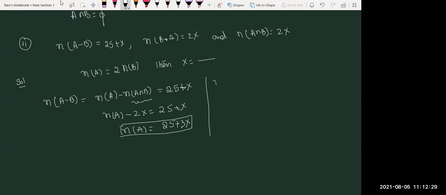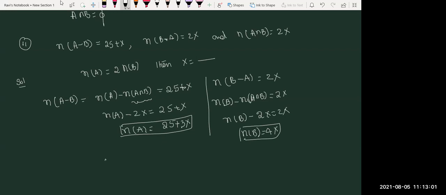Now, n of B minus A, tell me what to write. n of B equals how much will we get? 4x, sir. Finally, it is also given n of A equals 2 times n of B, so 25 plus 3x equals 8x.